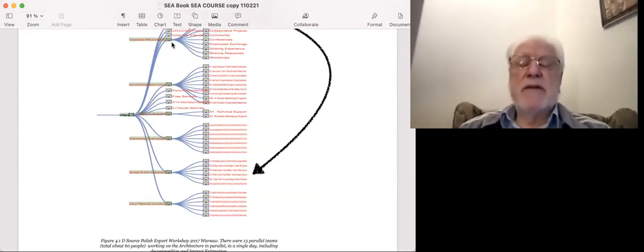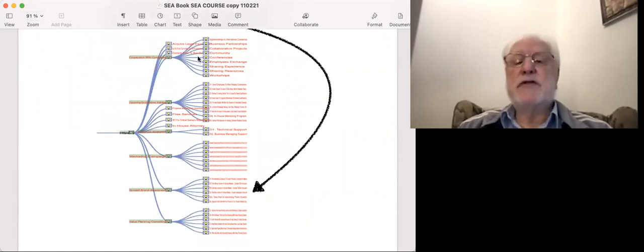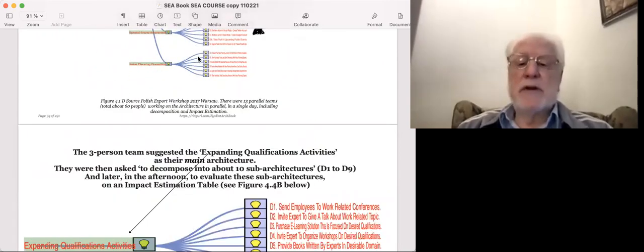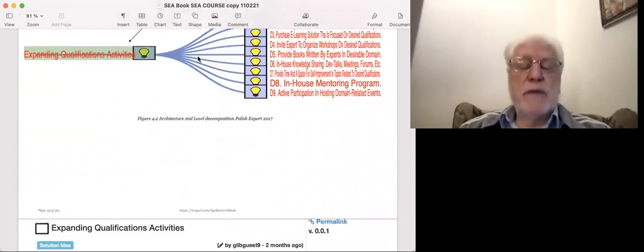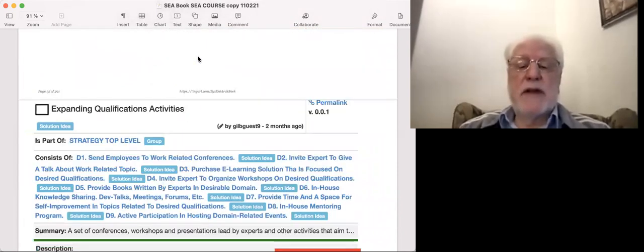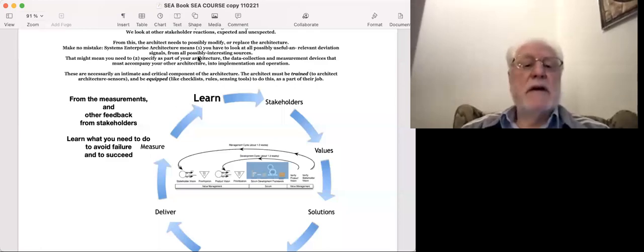Here are some of the architecture decompositions we looked at on Tuesday for those who want to catch up. But we're going to assume we've decomposed. We're going to look at the prioritization stuff.